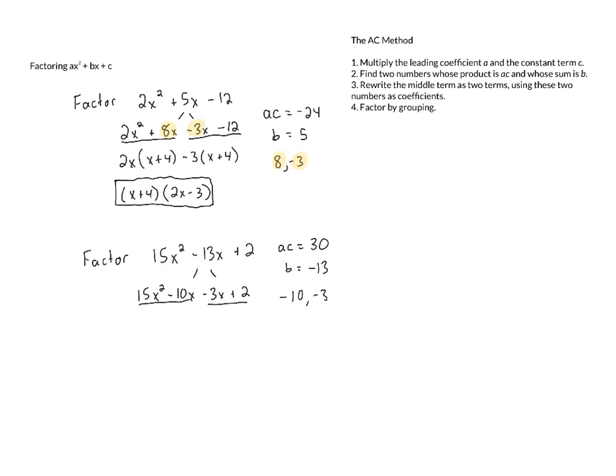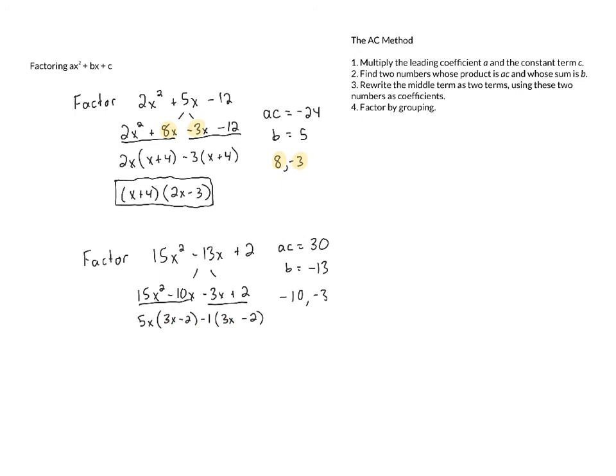If we look at the first group, the GCF is 5x. So we pull out a 5x, leaving us with 3x minus 2. If we look at the second group, all they have in common is 1. But what we want to pull out is a negative 1, because if we pull out negative 1, that leaves us with positive 3x and negative 2, so that our two sets of parentheses end up matching.